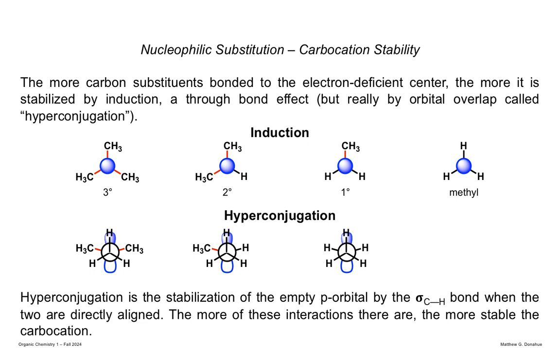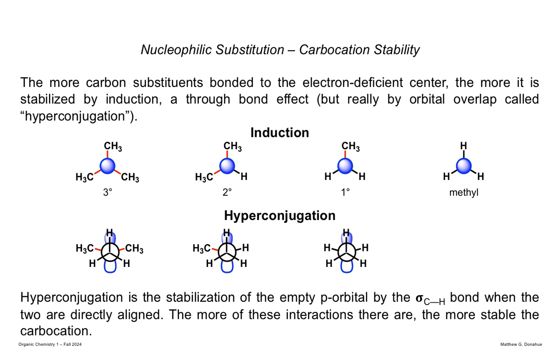What we're looking at here in terms of tertiary, secondary, primary, methyl, we're looking straight down the axis of the p orbital so that we can see the substituents bonded to the sp2 hybridized carbon. Say, for example, that blue ball is the top of that p orbital. For this one, we have 1, 2, 3 methyl groups bonded to that.